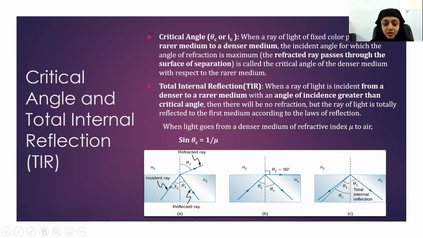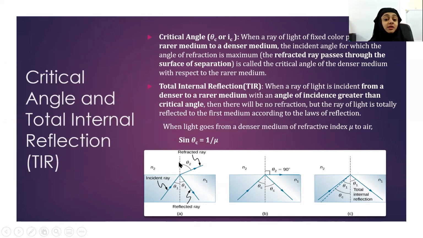And the angle of incidence here is theta 1. So if the angle of incidence is less than the critical angle, what happens? A part of light gets reflected to the same medium with the same angle, because the angle of incidence should be equal to the angle of reflection. And a part of light will get refracted to the new medium. See, it's going to a rarer medium.